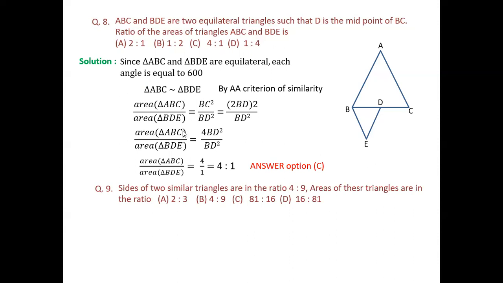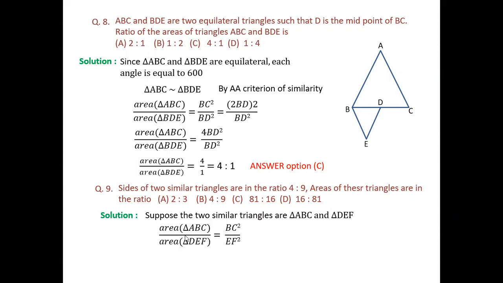Now, next. Ninth question. Two similar triangles have sides in the ratio 4:9. We have to find the ratio of their areas. Suppose the two similar triangles are ABC and DEF. Then the area of triangle ABC upon the area of triangle DEF is equal to the square of the corresponding sides.